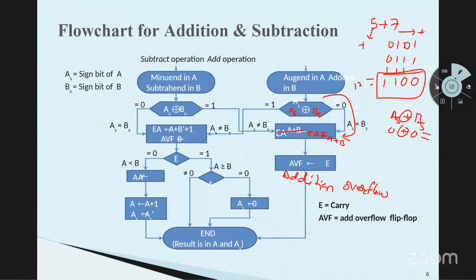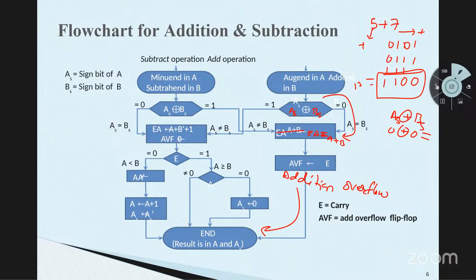If you add 2 digits, what is the result? The third digit is the carry. Right? So that carry means addition overflow. If you add two-digit numbers, we get a third digit also. That is the addition overflow. So if you are adding 8 bits and you get a 9-bit result, then the addition is overflow. Okay. So here we are moving and the result is this.